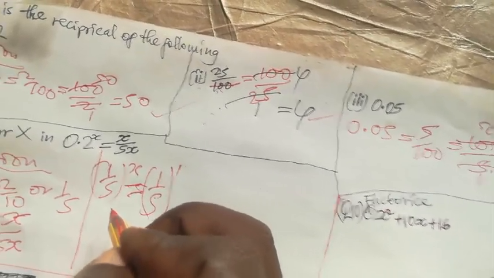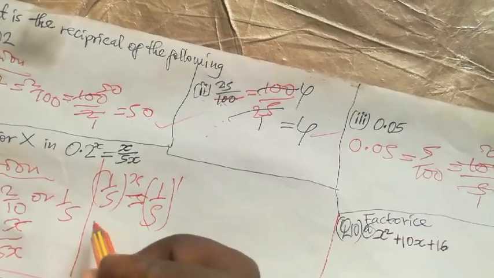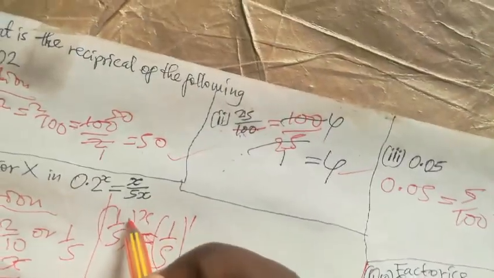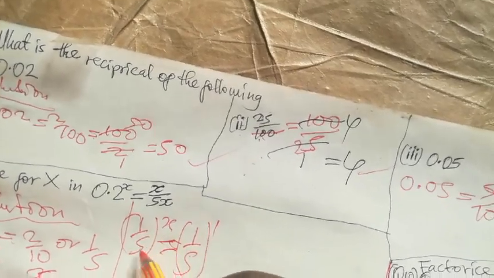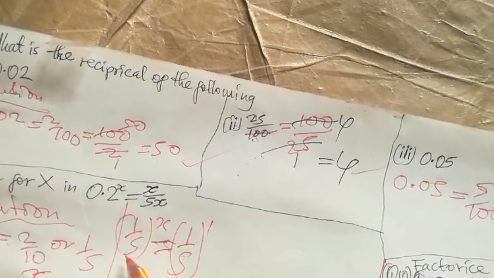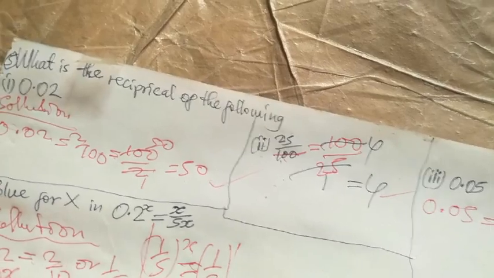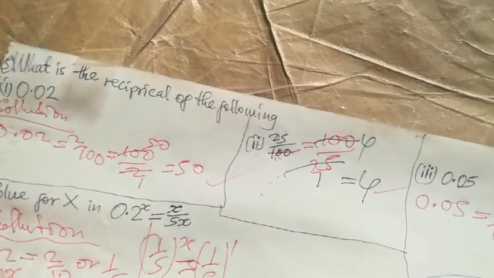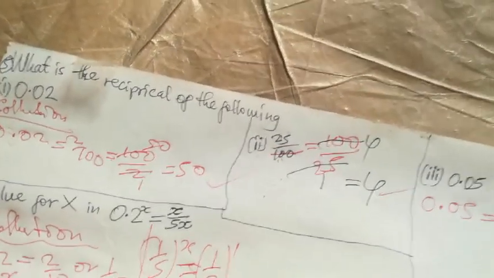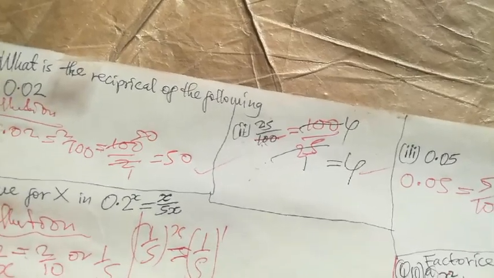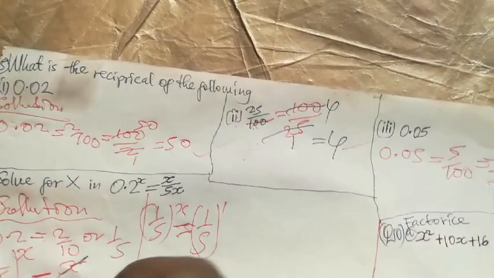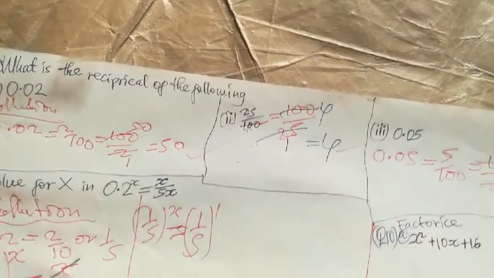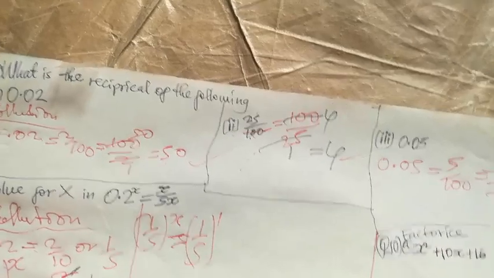You cancel them, because here it is also common. It is common because we have cancelled x here. I would like to show you this because you may ask how you arrived at that. If we cancel x by x, it becomes 1 over 5.